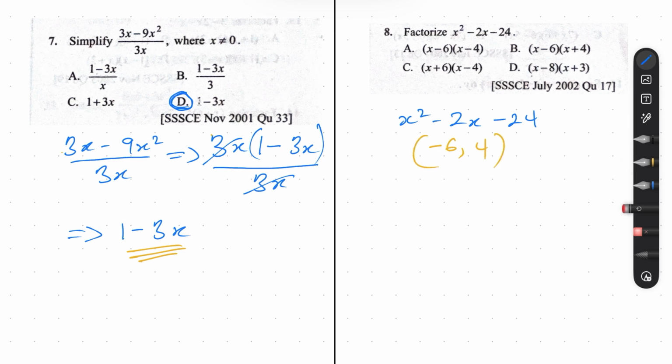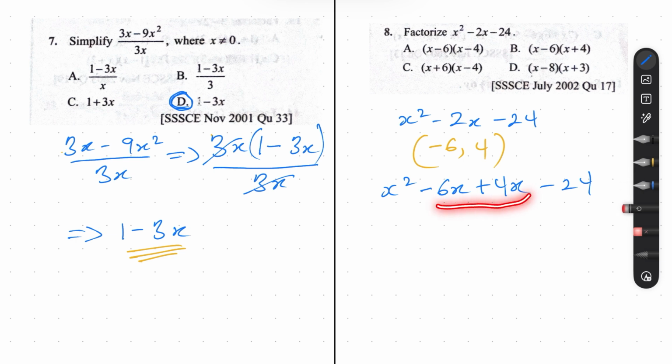Because negative 6 plus 4, you get negative 2. And when you multiply negative 6 and 4, you get negative 24. So now we have x squared minus 6x plus 4x minus 24.